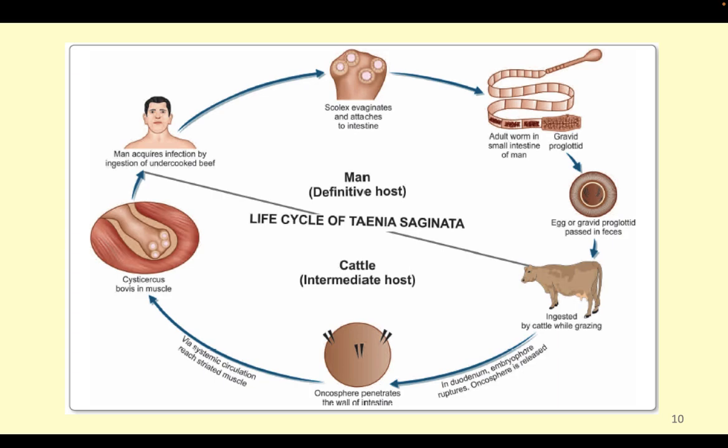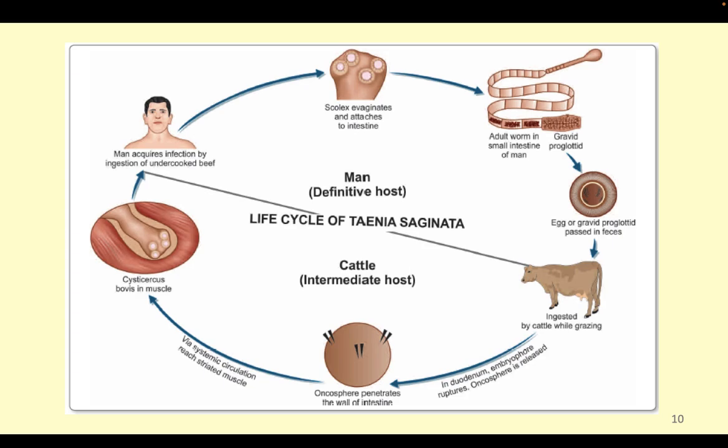So eggs are released in the feces. Now, while the cattle are grazing on the farms, these eggs are ingested by the cattle. As a result, the oncosphere will come out of the egg in their small intestine, where it will get attached to the duodenal mucosa.